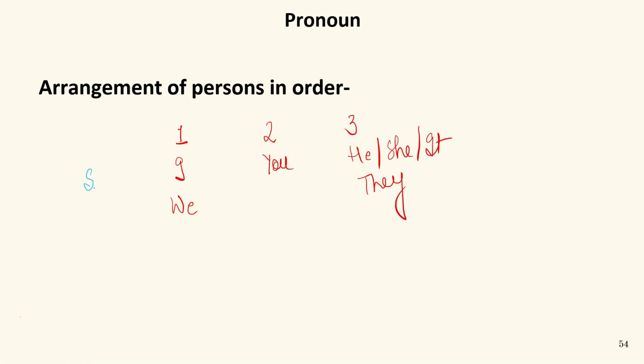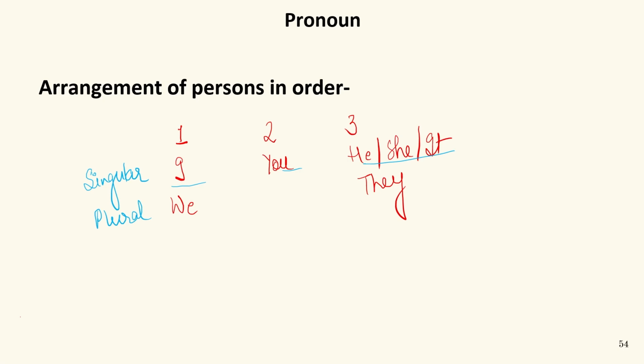This is singular. This is plural. I, you, he, she, it are all used for a singular person. I means one person. You means one person. He, she, it means one person.